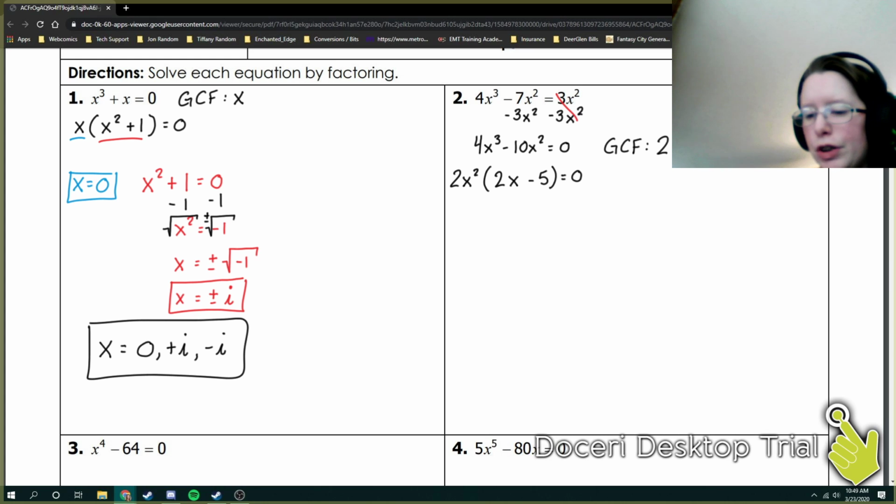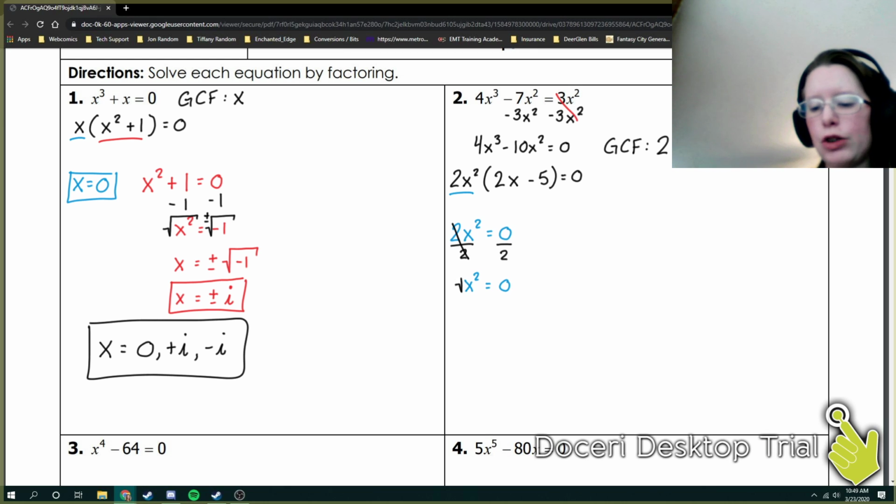The first one we have here, 2x squared, I'm going to set that equal to 0 and solve for x. First thing I'm going to do is divide by 2, and get x squared equals 0.